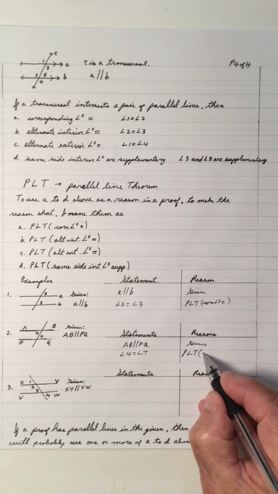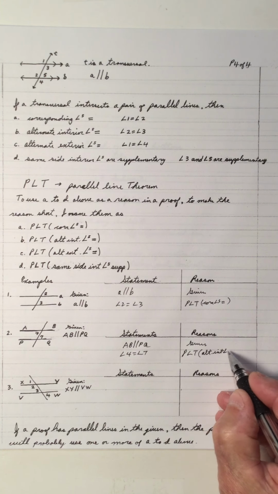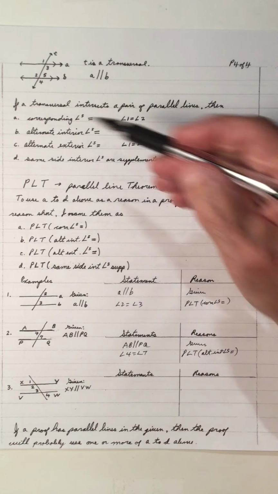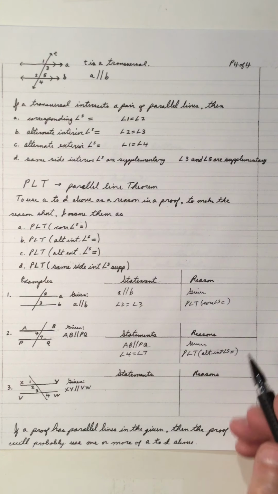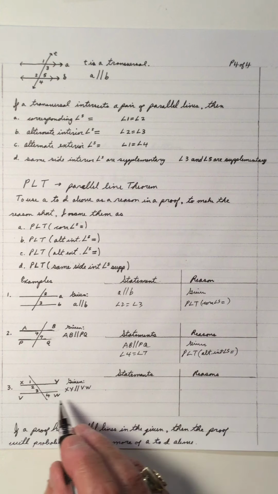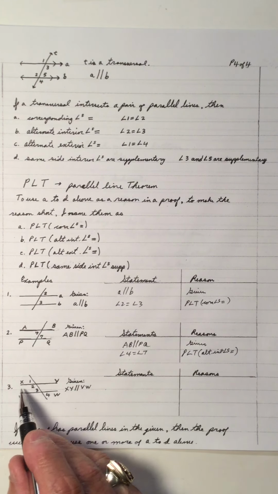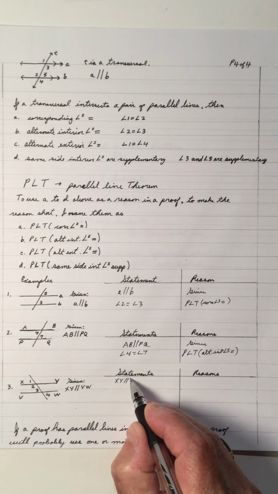PLT, and we have alternate, ALT, interior, INT, angles equal. Again, PLT replaces this long statement, if a transversal intersects a pair of parallel lines. But check with your teacher on using these. Check with your teacher.